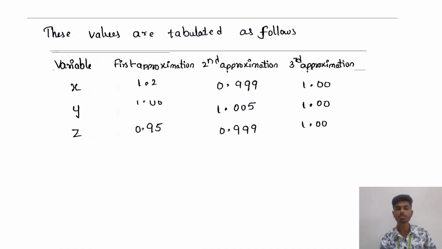We write the variables x, y, z, and in the first approximation x1, y1, z1: 1.2, 1.06, 0.95. In the second approximation x2, y2, z2: 0.999, 1.005, 0.9992. And in the third approximation x3, y3, z3: 1, 1, 1.